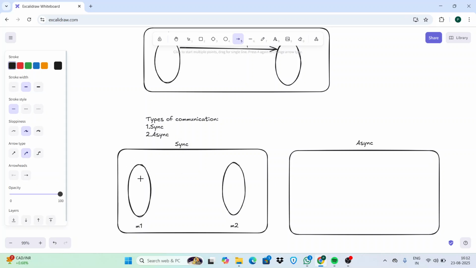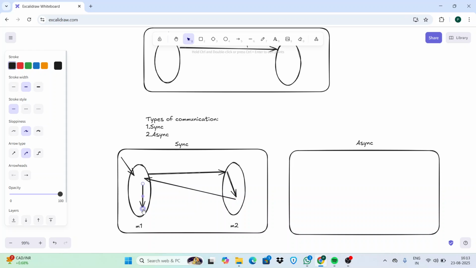So in synchronous communication, okay, M1 got the request and M1 has to communicate with the M2 to fulfill that request. So M1 sends request to the M2. M2 receives that request, processes that request and gives the response to M1. After receiving the response, the M1 should continue with its further execution.